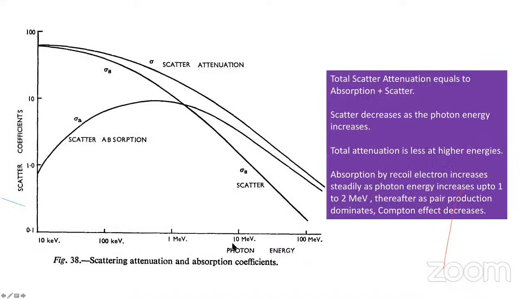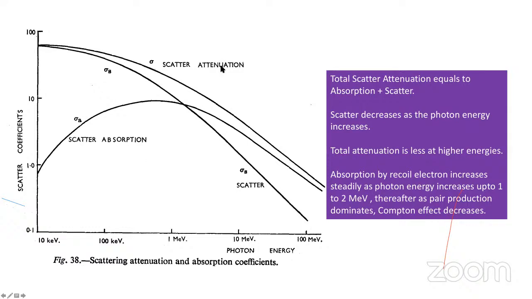Now, if you put it all together, total scatter attenuation: sometimes these curves become a little difficult and daunting, but just look at two things happening. Things are being scattered, things are being absorbed, and as a combination of that, it is attenuated.